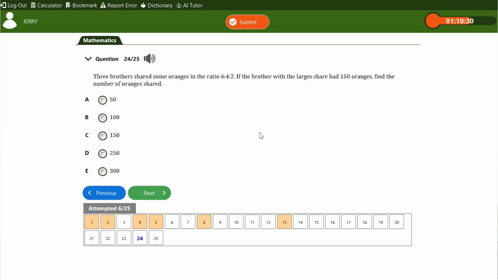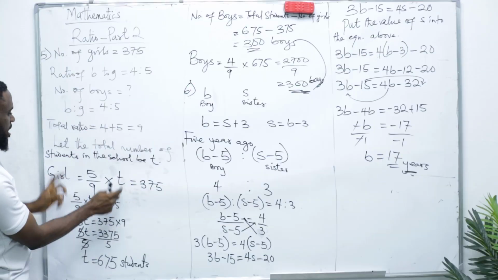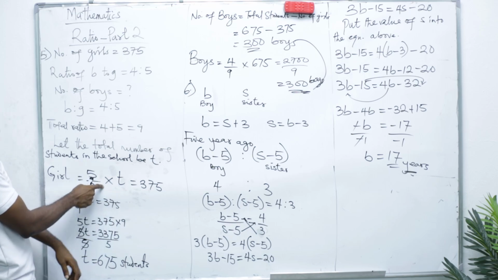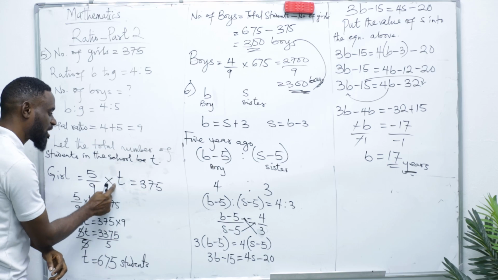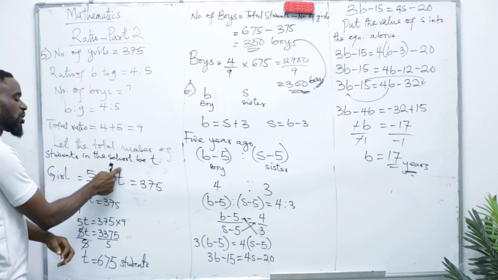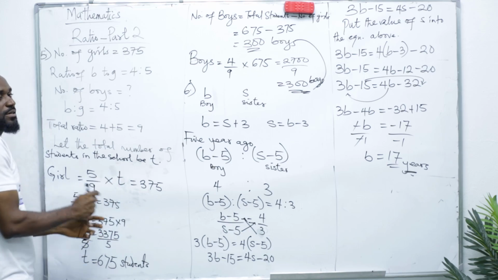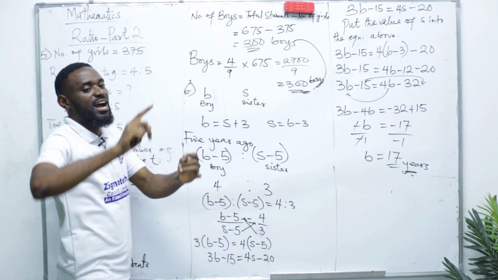Well, that is simply what we did somewhere around here. Okay, it is the method we applied here. They're asking us for the total number of people in the school, okay, here, that's what we did. Now they're asking you total number of oranges. They have given you a value.